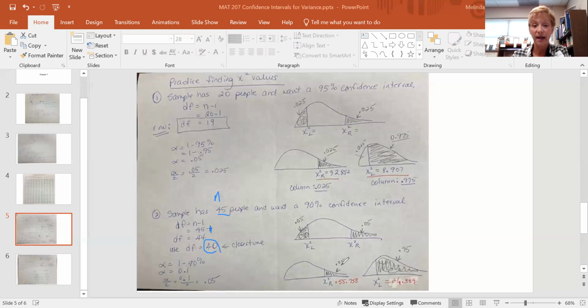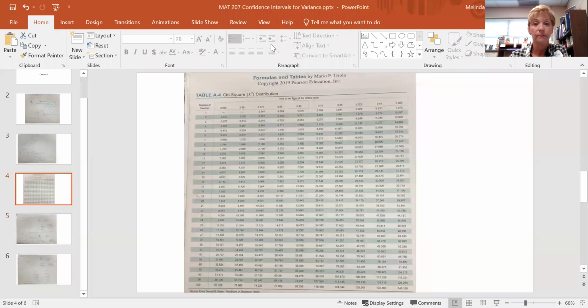So do you understand that this tells me what column and this tells me what row? So I was on row 40 under the 0.05 column. All right, row 40 under the 0.05 column.